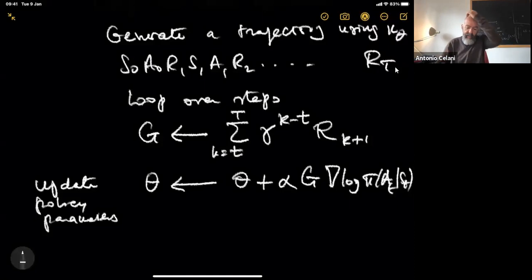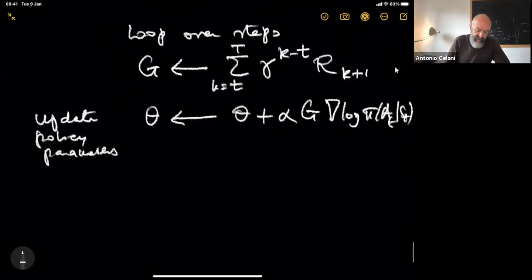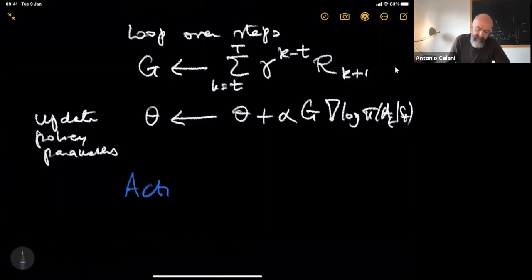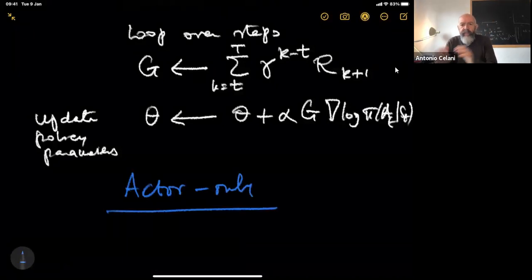So this is a quite straightforward approach, and this is an example of an algorithm which is now called actor only. This has to be contrasted with the critic only algorithm. In the critic only algorithm, the value function was central and the policy was a derived object.